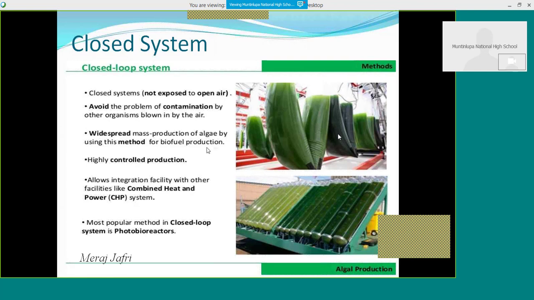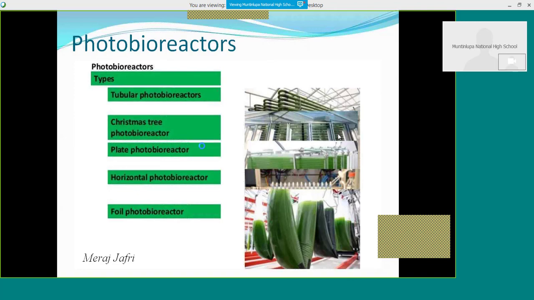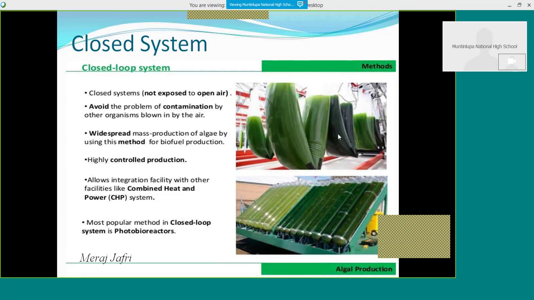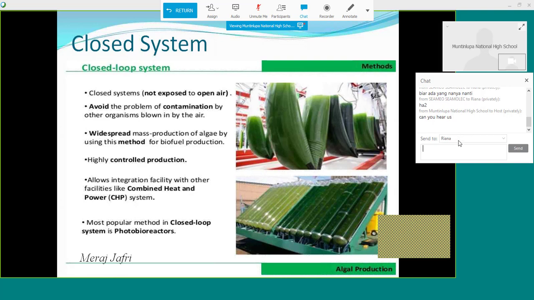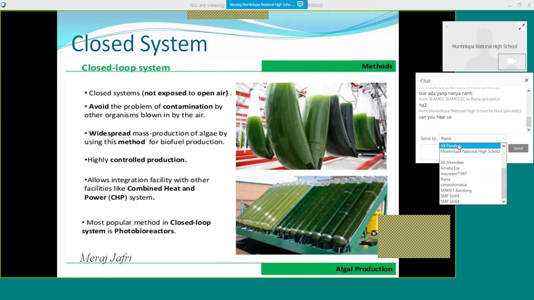Also, widespread mass production of algae by using this method for biofuel production. It's also a highly controlled production, the closed system as compared to the open system.